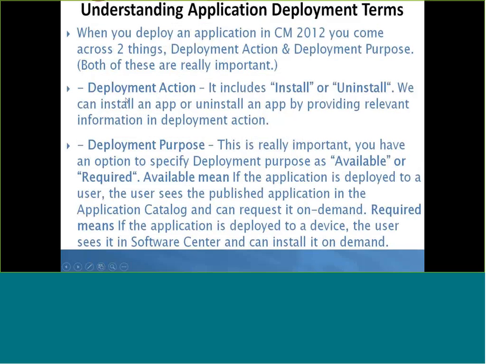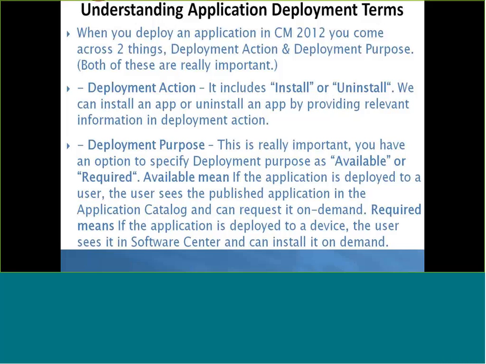So deployment action, what action do you want? Suppose you deployed Adobe Acrobat 11 across 10,000 machines 1.5 years ago, and now your boss tells you, in the next 2 weeks, can you uninstall Adobe Acrobat 11 from those 10,000 machines because Adobe Acrobat 12 is there, and higher management wants it because it has some good features.